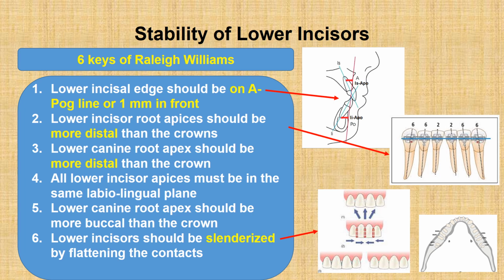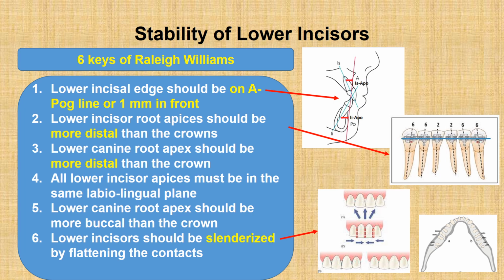Now, Ricketts and Williams mentioned 6 keys or 6 features to ensure the stability of the lower incisors. The first he mentioned was the lower incisal edge should lie on the APo line or about 1 millimeter in front of it. Number 2, lower incisor root apices should be more distal compared to the crown.